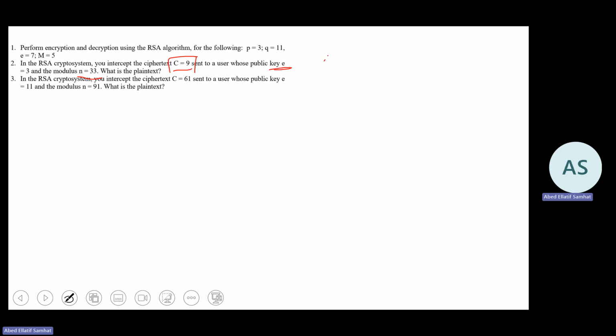So you have n equal 33 and n equal p times q equal 33. You will try to find the two prime numbers such that if you multiply them, you obtain this value. This is a way to do it. So if you try, you say, okay, let's try the different combinations.